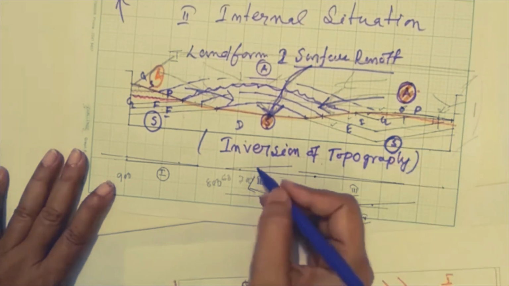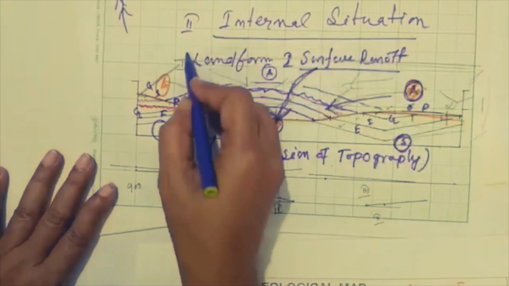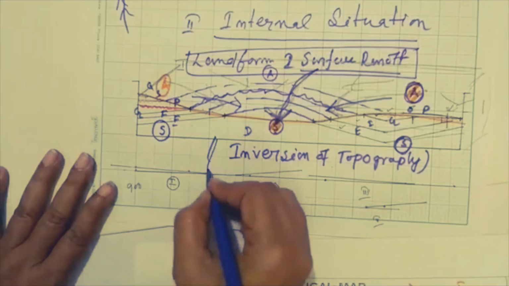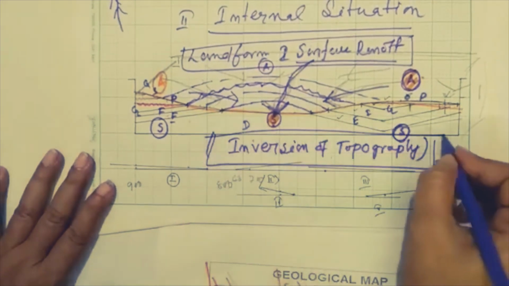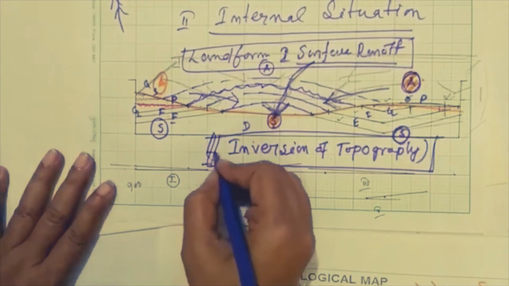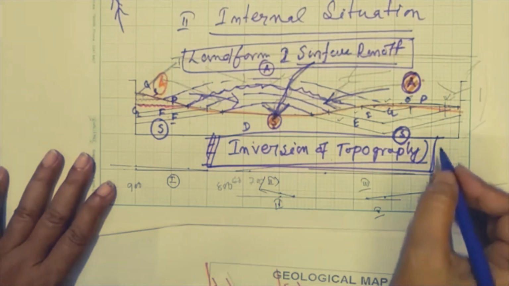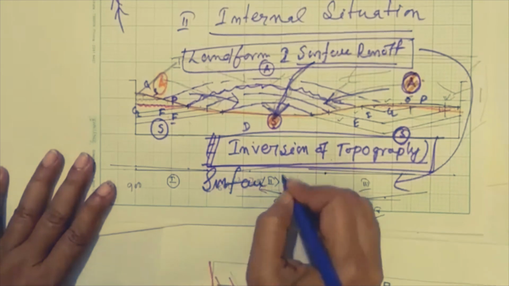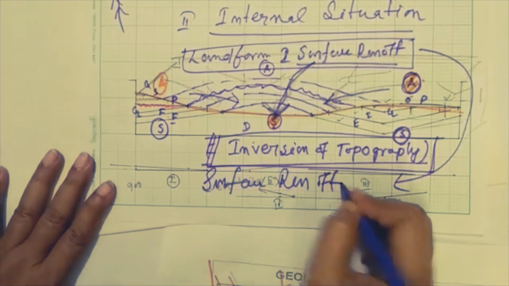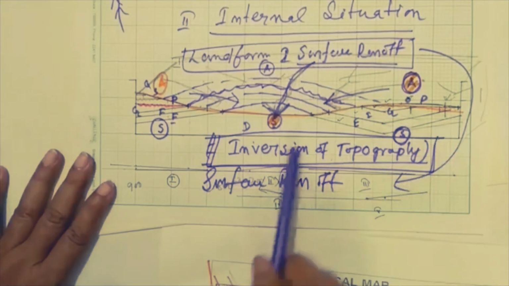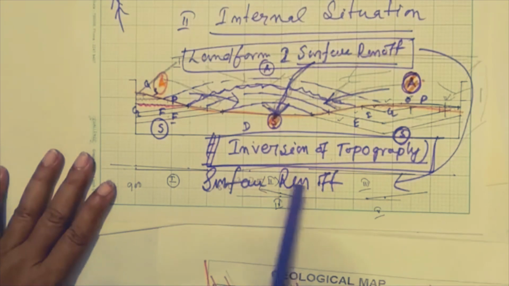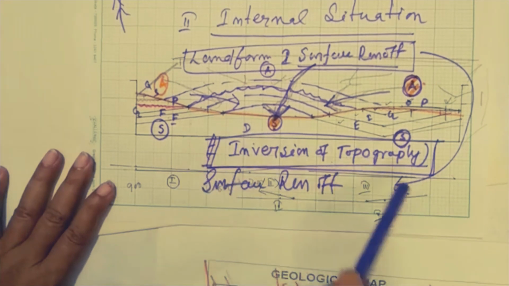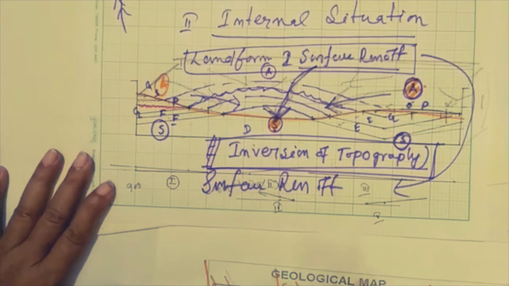So it interprets the internal situation, landform and surface runoff, and ultimately it depicts the evolutionary history of the landscape, and also the evolutionary history of the surface runoff. Okay, sometimes a river may shift from the anticlinal ridge to the synclinal valley to the anticlinal ridge, all these things. And also identify the river history and also the landscape history.